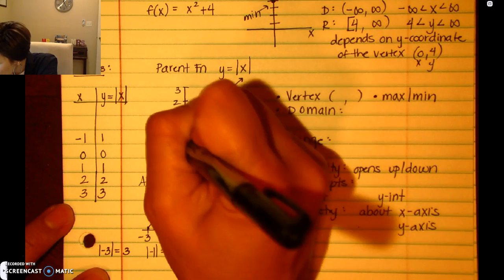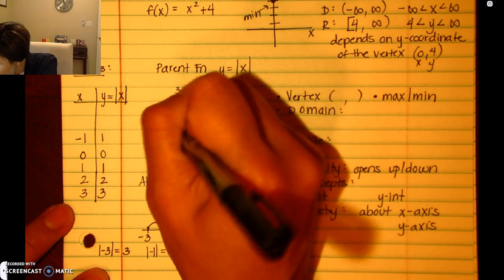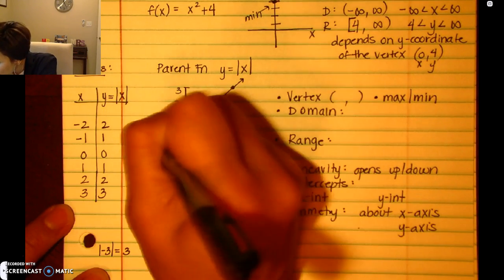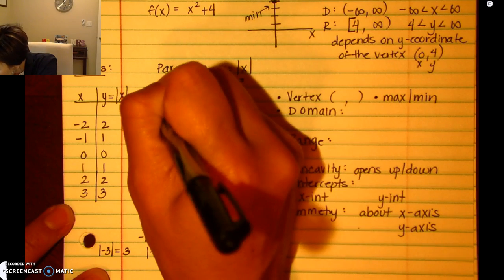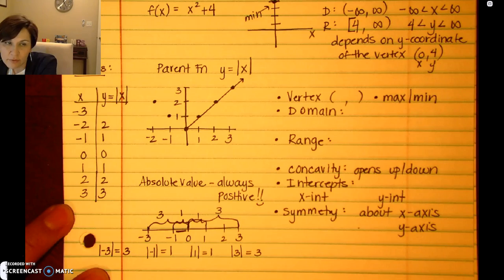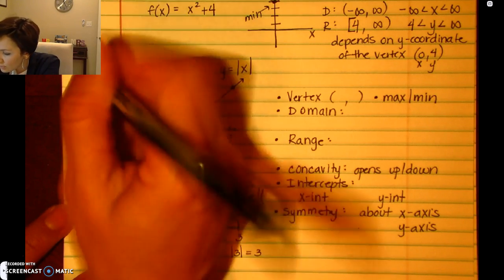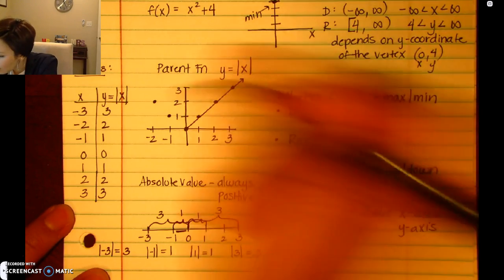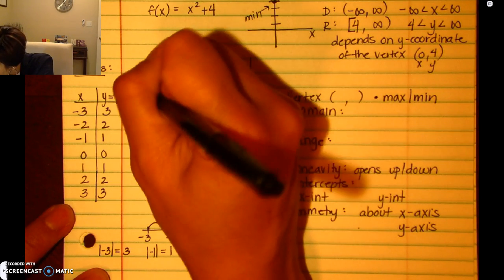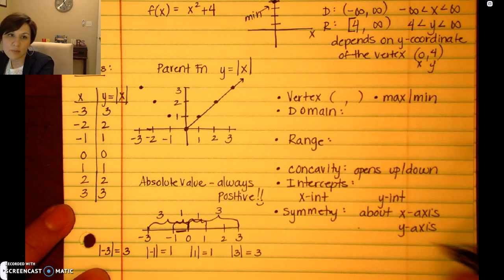So now, when you plot your points, you're going to have a dot at -1, +1, at -2, +2, and then of course if you let x be equal to -3, the absolute value of -3 is +3. So the distance between -3 and 0 is +3. So you plot your points there.